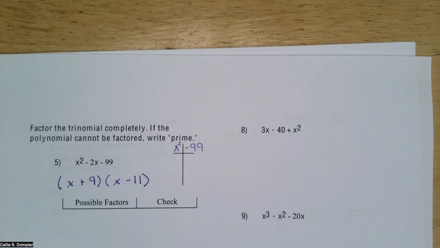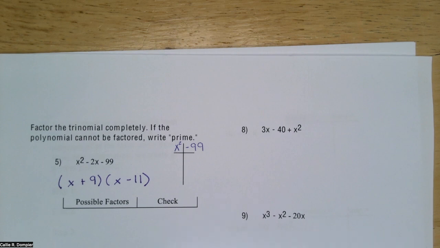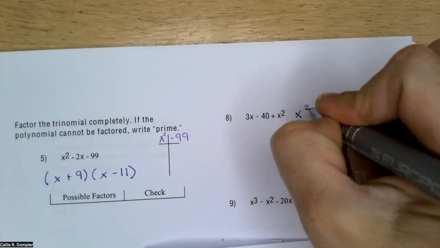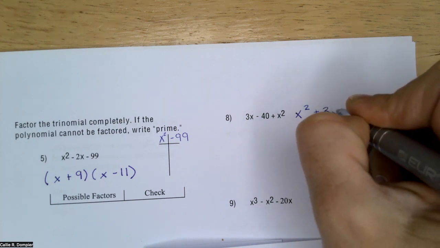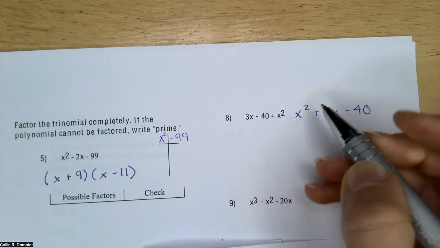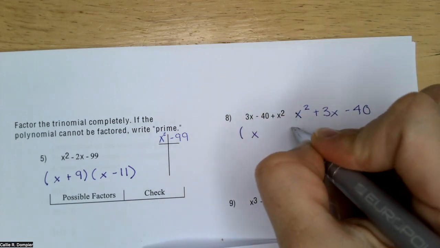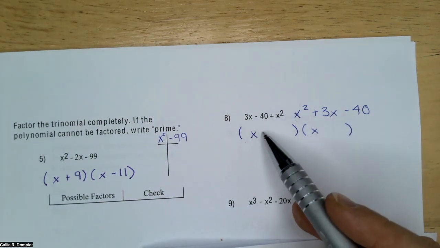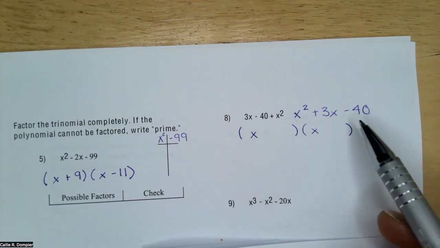Again, please remember to put them in descending order. So if I rearrange this into descending order, I get x squared plus 3x, but then minus 40. Again, because this is just a 1x squared, I know that if I'm able to factor it, it's going to be x plus something times x plus something, or minus something, right?